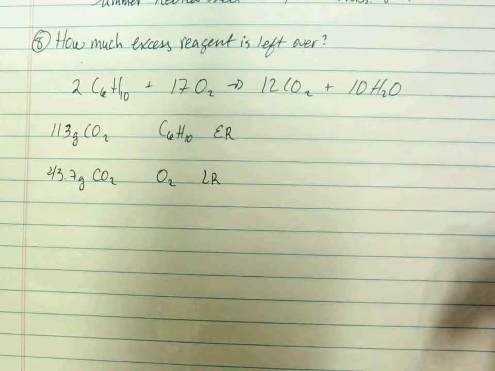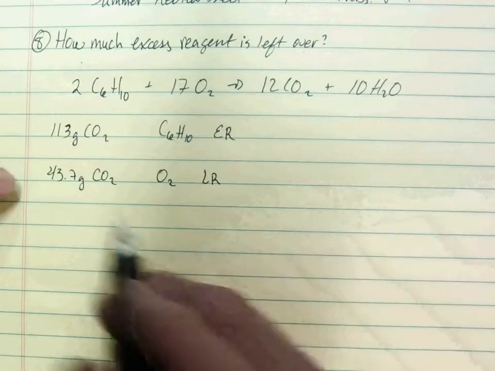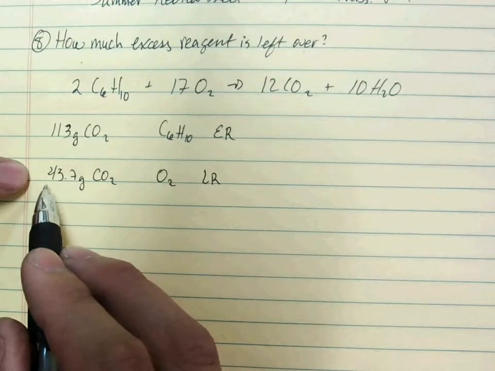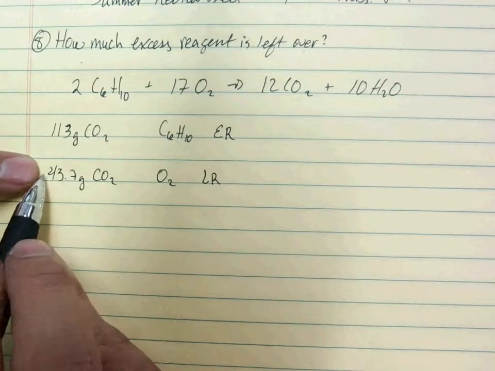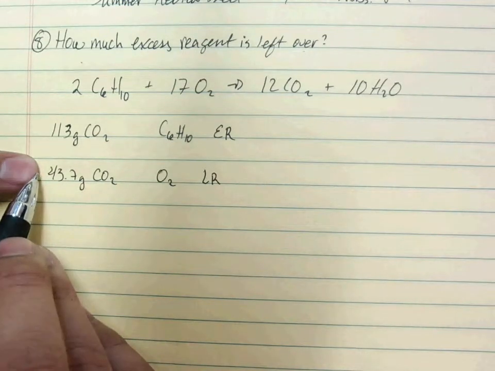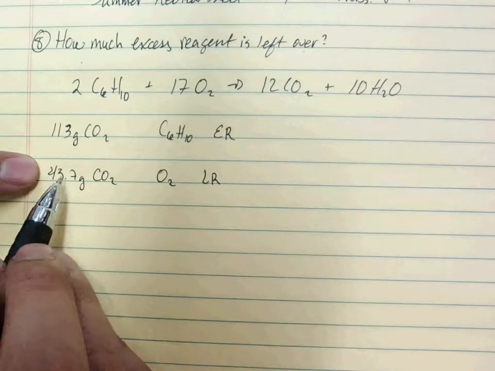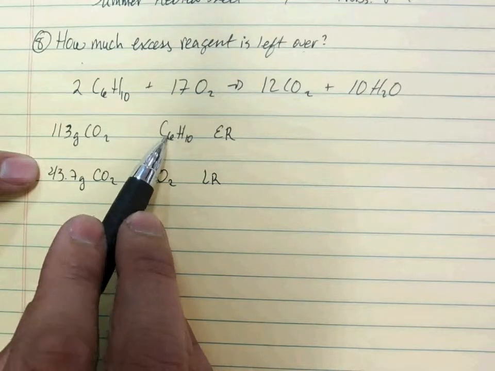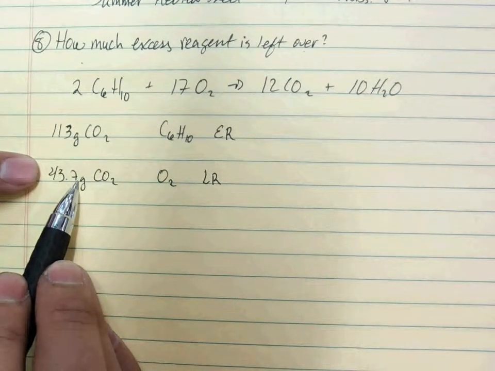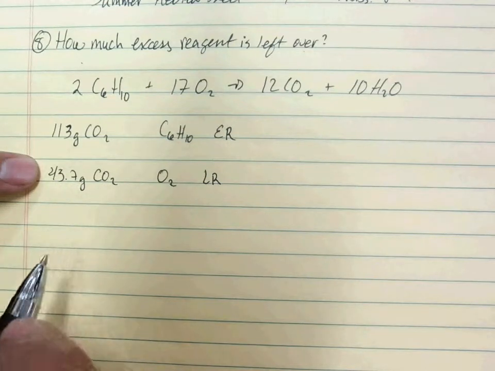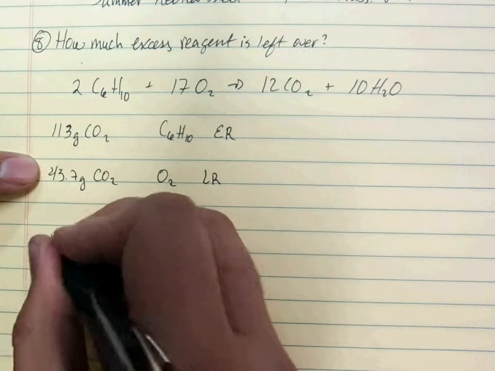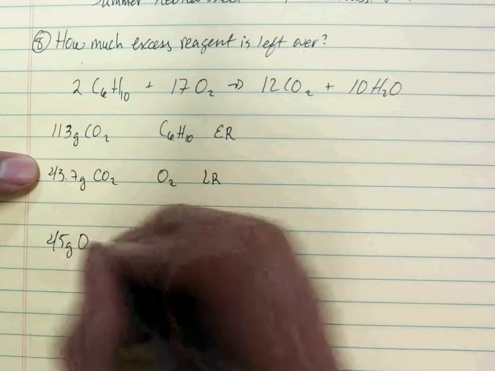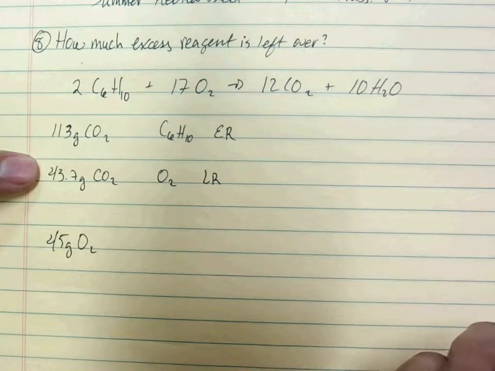The way you're going to do this is you're going to calculate the amount of C6H10 that is actually consumed in this reaction. So we're going to work it out based on the 45 grams of oxygen that the problem gives us.